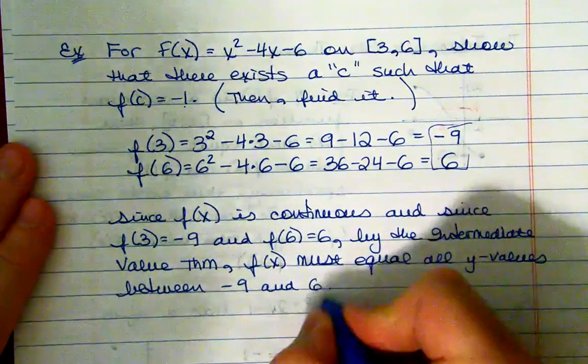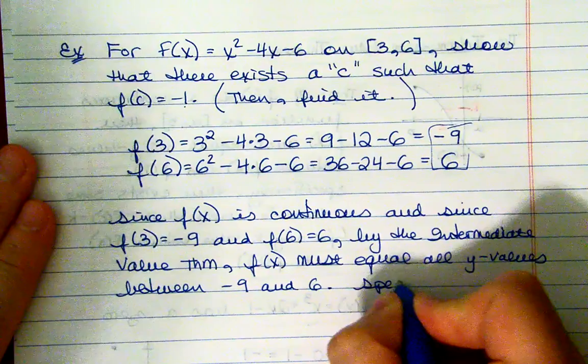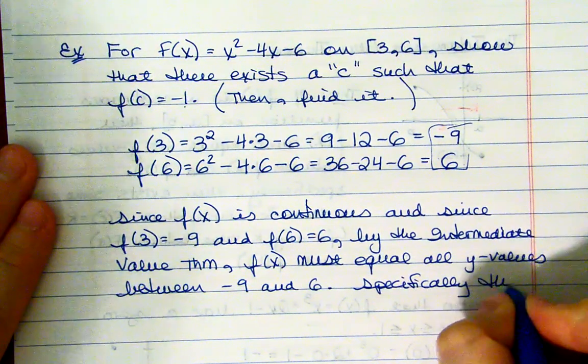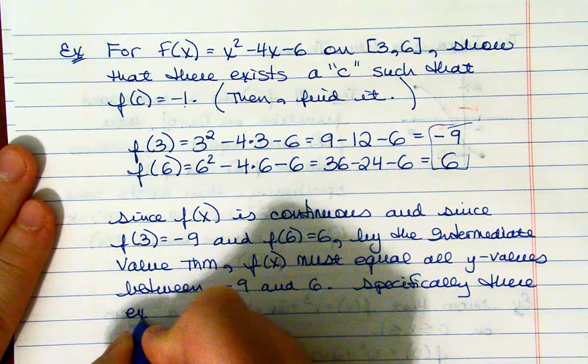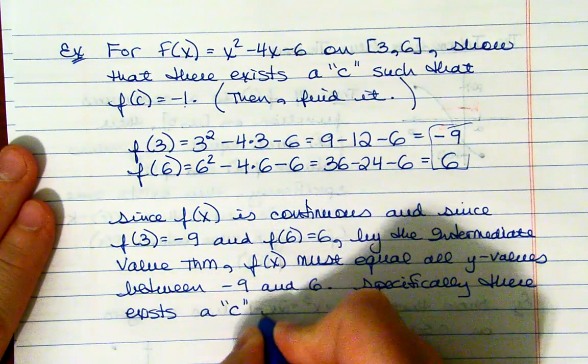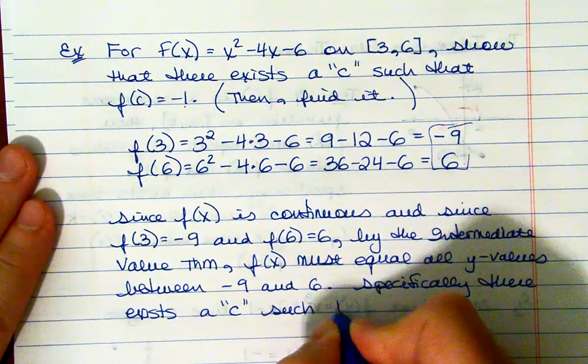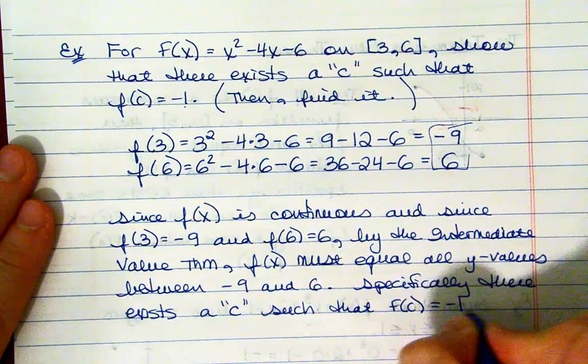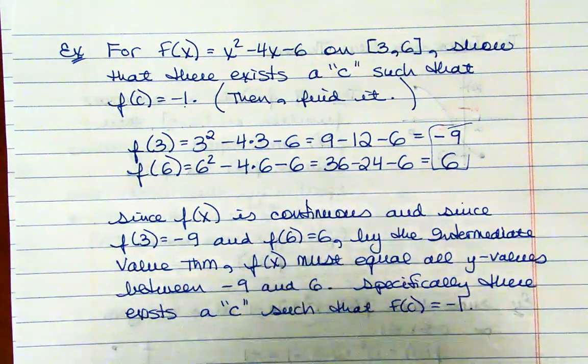The one I cared about was negative 1, so I'm going to say specifically there exists a c such that f of c equals negative 1. And this is the argument to prove that, yes, my function has to have a y value of negative 1 somewhere. I then asked you to find it.